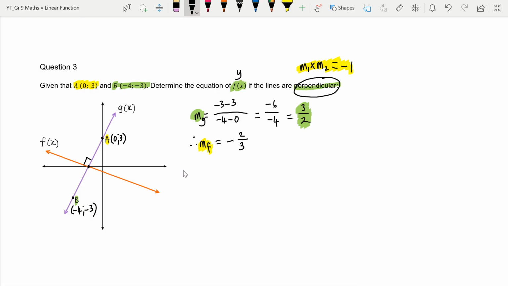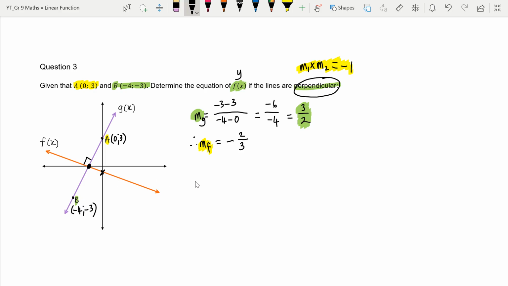We don't even have one point on our line to go substitute in so that we can get the missing c value, our missing y-intercept over there. Okay, but thank goodness we can use our purple line again. Do you remember we said that it's important that they share the same x-intercept? So if we can find the x-intercept of the purple line, we have a point on our orange line.